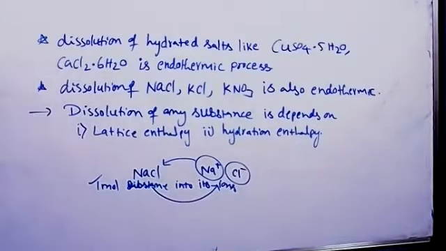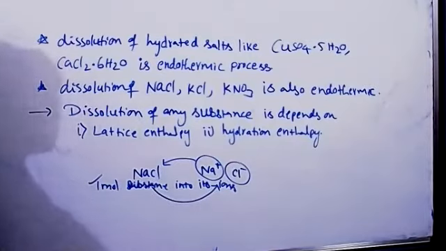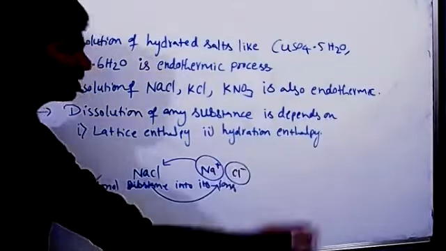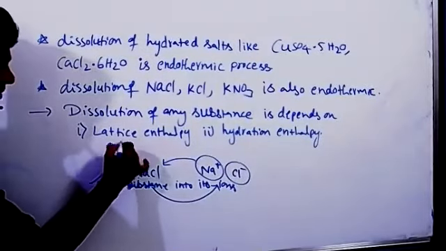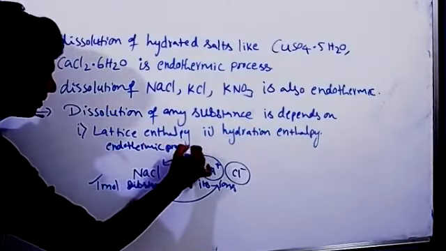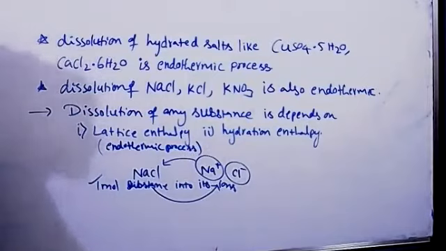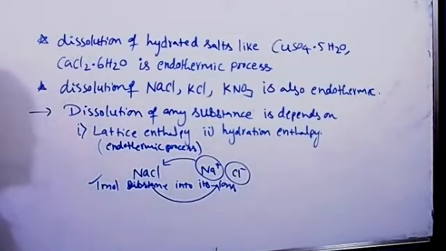The amount of energy required to break or to get ions from 1 mole of substance is lattice enthalpy. Here lattice enthalpy is an endothermic process, because we must invest some energy to break the interaction between the cations and anions.